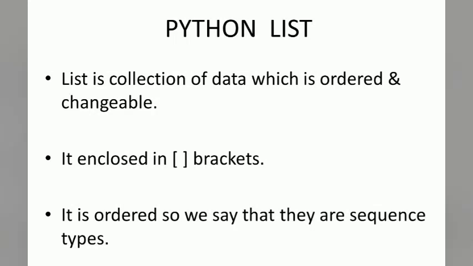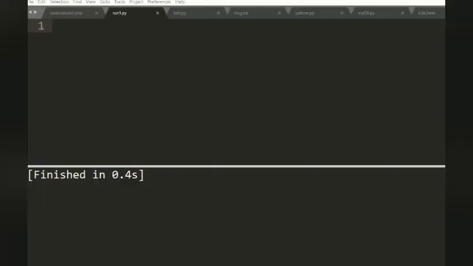Now let's go to the programming part. Now we will see how a list is created. First we take a list1. Then we use square brackets to enter values in the list.